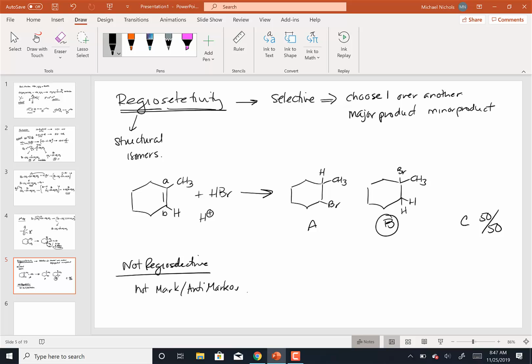Now, what kinds of reactions have we done? This is a dangerous question because I'm going to be disappointed in the lack of answers. But which reactions have not been Markovnikov or anti-Markovnikov? Give me an example.